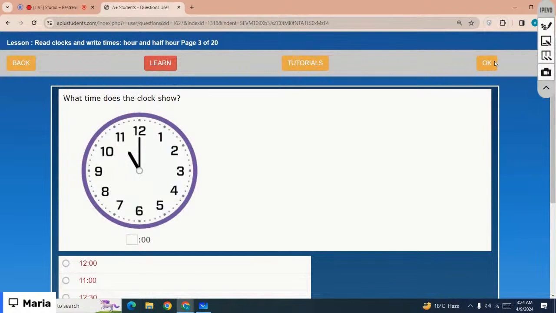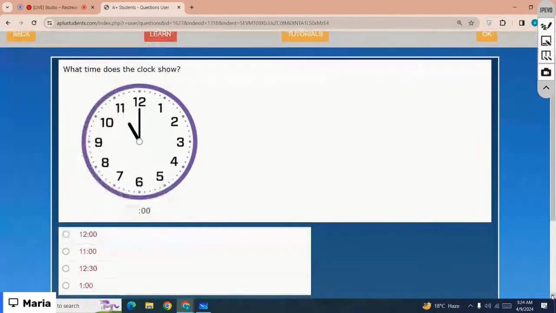What time does the clock show? Which is the correct option? Yes, the correct option is 11 o'clock.